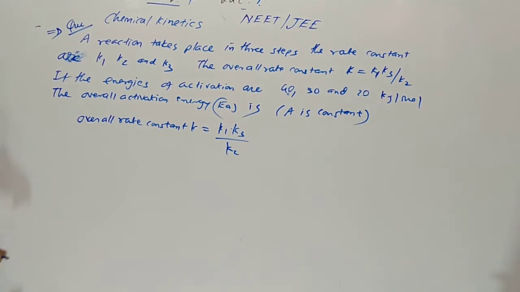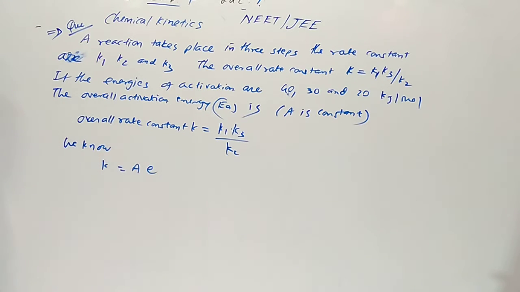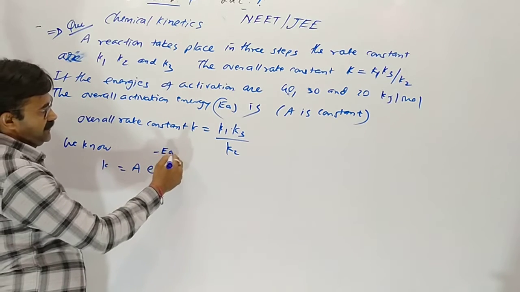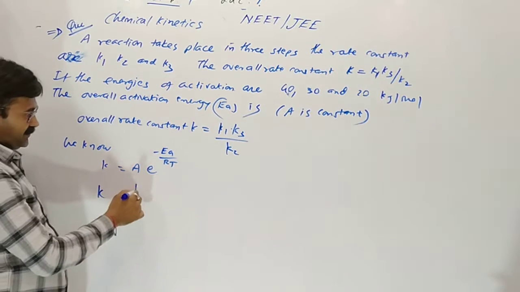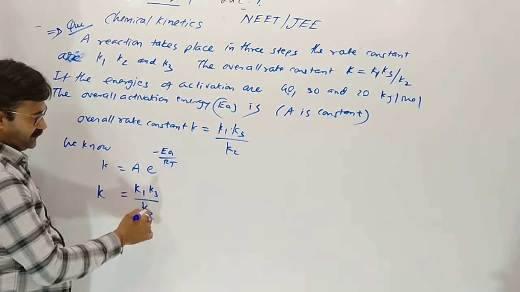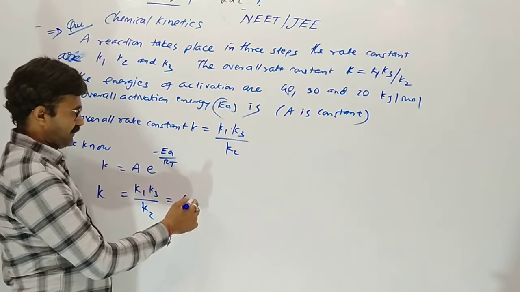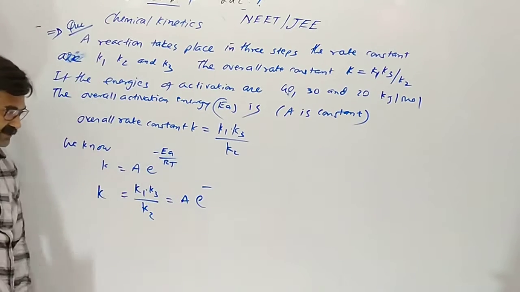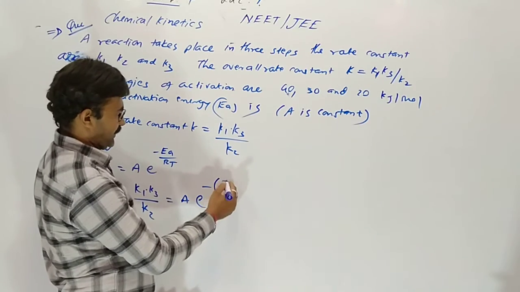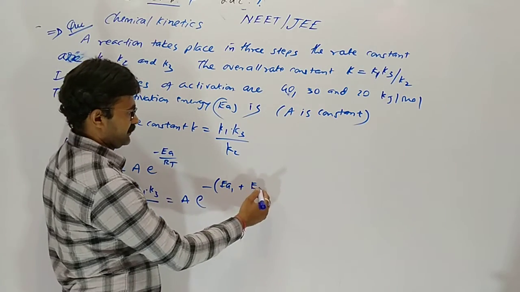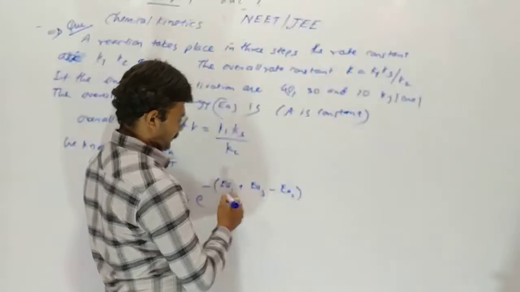Ready? Now we know the Arrhenius equation K equals A e raised to minus EA upon RT. So K overall is K1 K3 by K2. We are simplifying this. A is common in all the cases. So here K1 and K3 are in multiplication, K2 in division. So first and third activation energies come in positive, here negative EA2 upon RT.